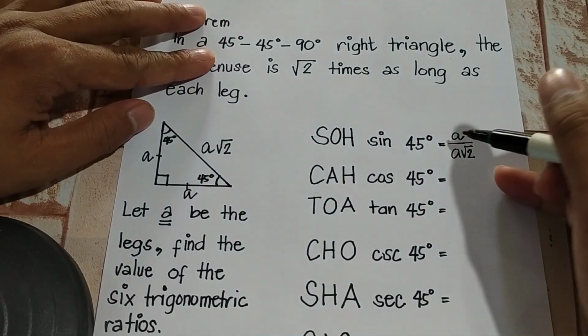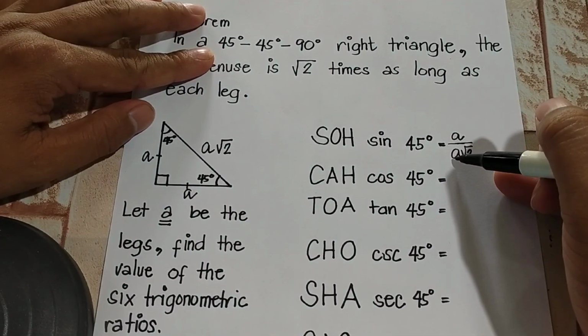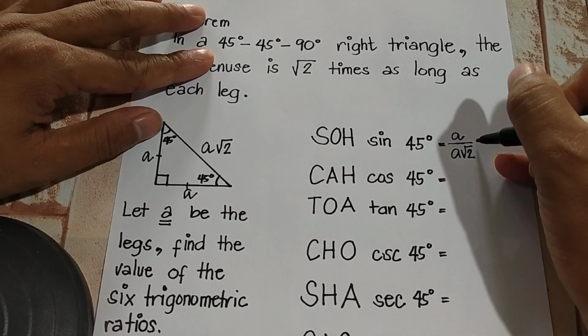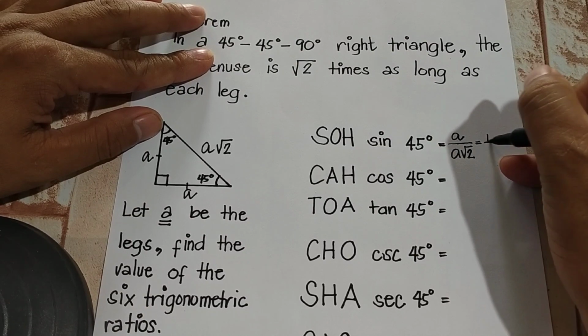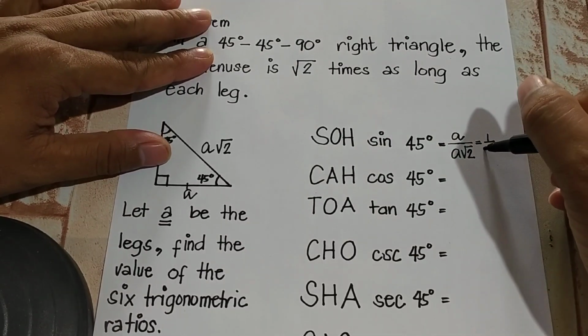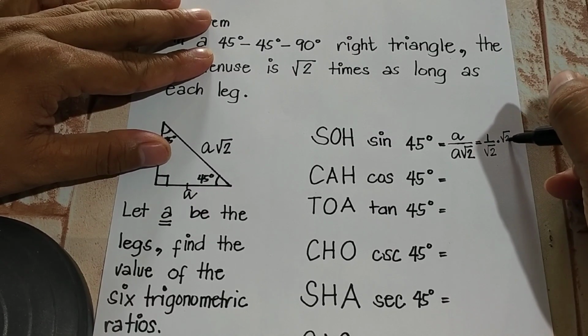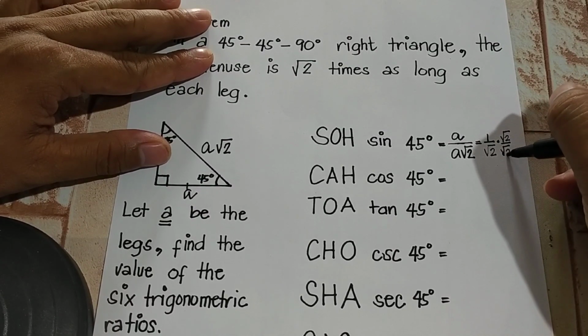As we divide, A divided by A square root of 2 becomes 1, so what is left is only 1 over square root of 2. Then rationalize: multiply by square root of 2 over square root of 2.